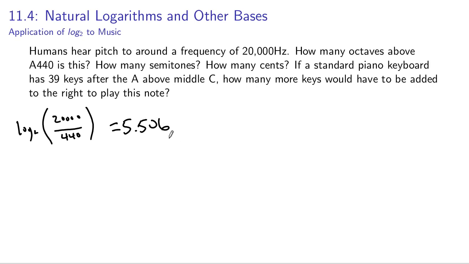How many cents would this be? Well, first, how many semitones would this be? We have 5.506 octaves, and remember there's 12 semitones in an octave, so we can multiply the number of octaves by 12 to get semitones.